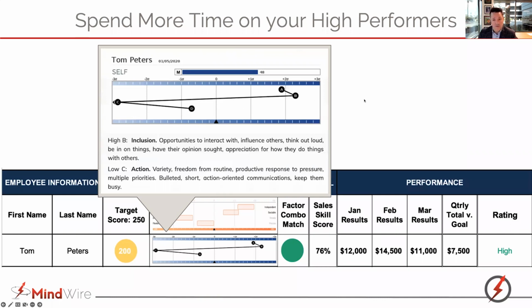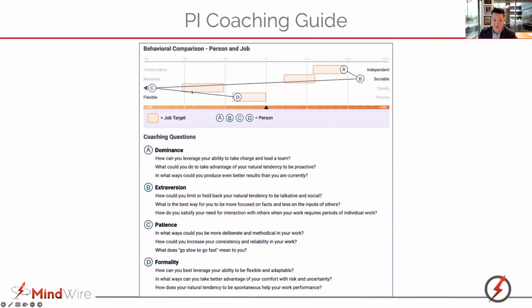And sometimes leaders have a hard time with, I don't know how to coach my high performers. I'm not sure what to do. They're really, really good. In the PI software, there's a beautiful tool called the coaching guide, right? And it compares Tom to the job. Look at his low C. It knows that the job wants low C, but his is even lower. So these are questions.